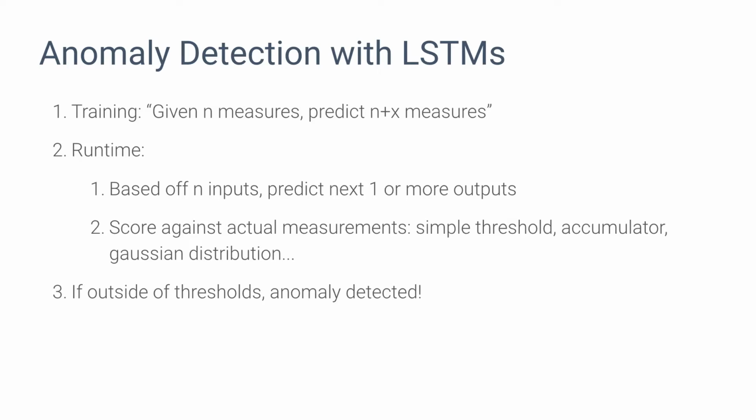These next few data points are then compared to the real world measurement using multiple methods like thresholds, accumulators, and Gaussian techniques relying on variance. Once the delta between the model prediction, what the model thinks should be happening, and the real world triggers whatever your threshold algorithm is, your measure is, now you have an anomaly, because over the set of clean data you trained it on, that didn't happen.